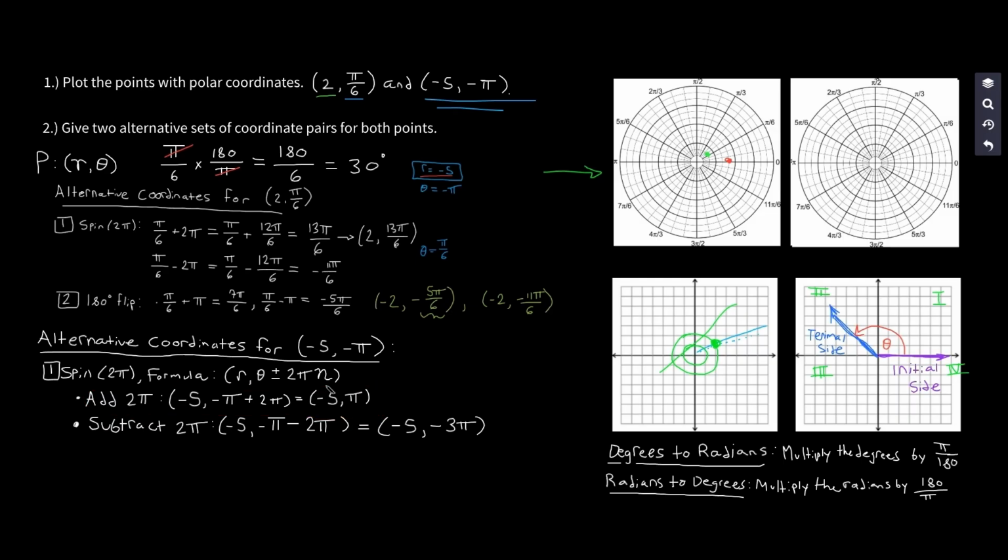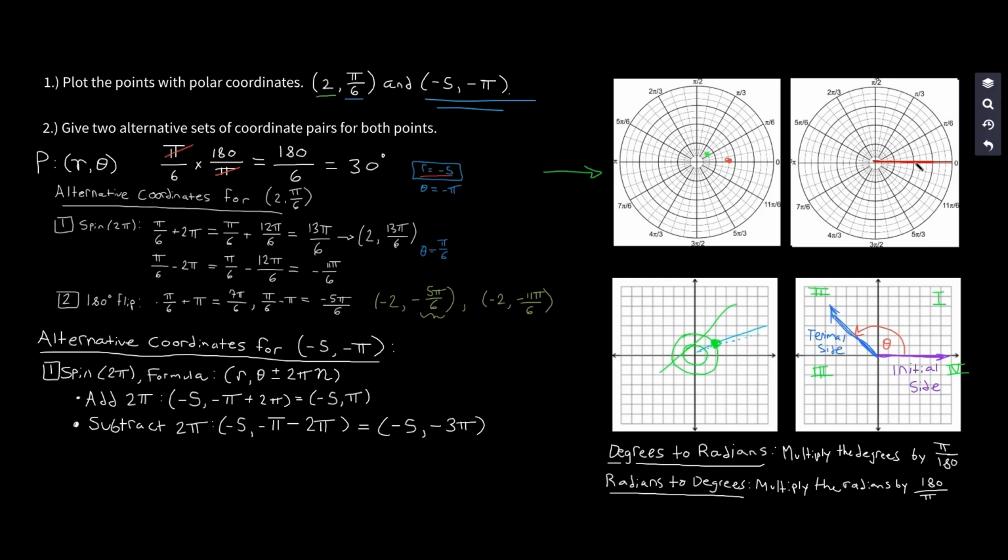Okay, so let's try to conceptualize what's going on if we add 2 pi on the polar coordinate system. We start off at the initial side, and let's do it on this one since this one doesn't have anything on it. Here in red. Then we rotate -pi direction to find theta.